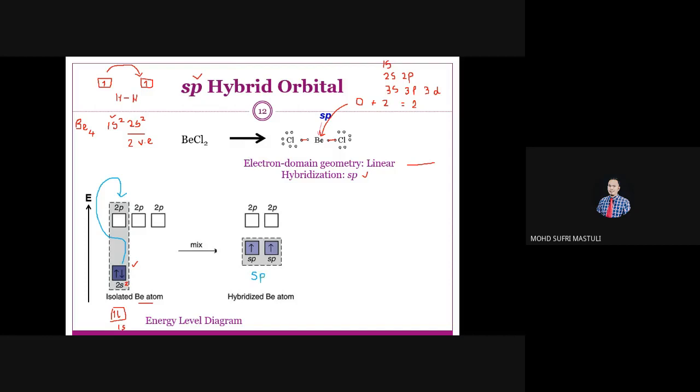When we mix s and p, the energy levels of the s orbital and p orbital are different compared to the sp orbital.